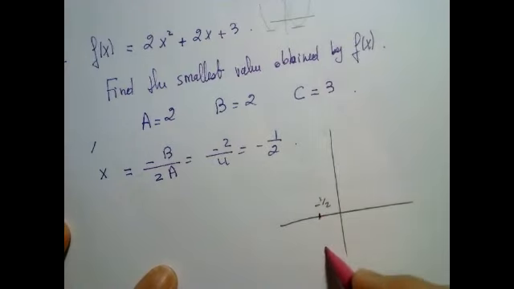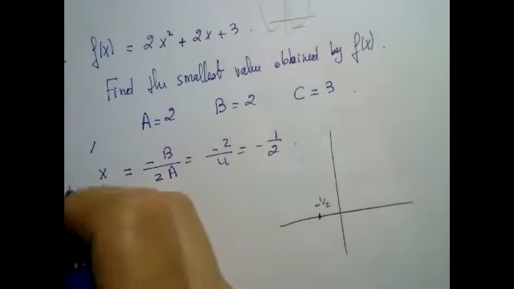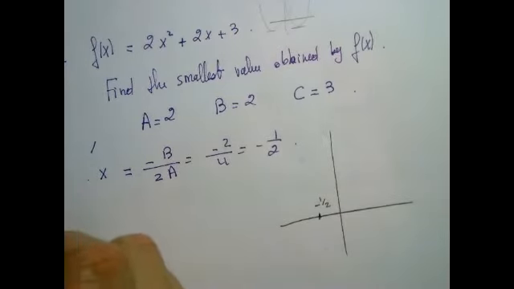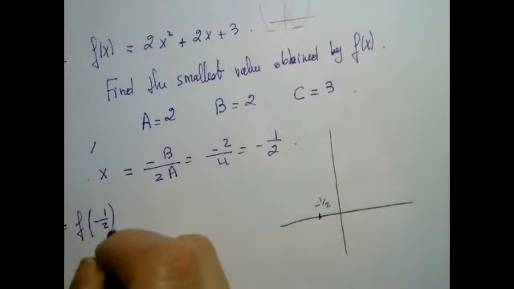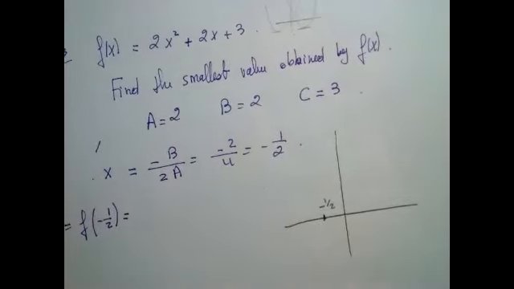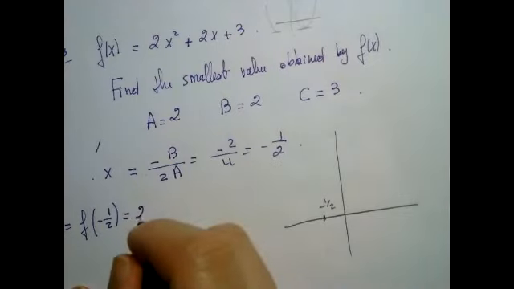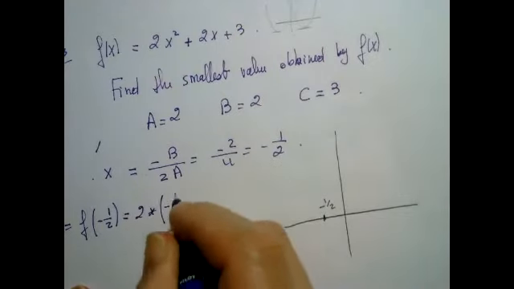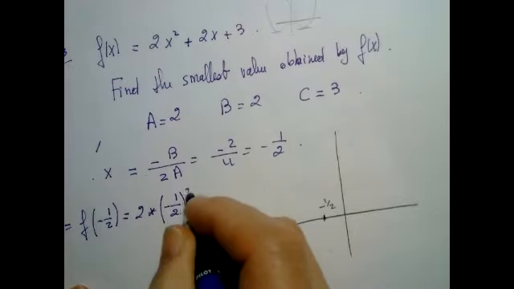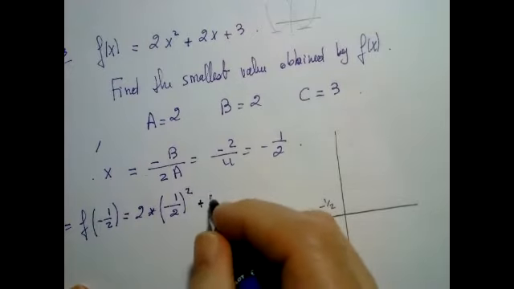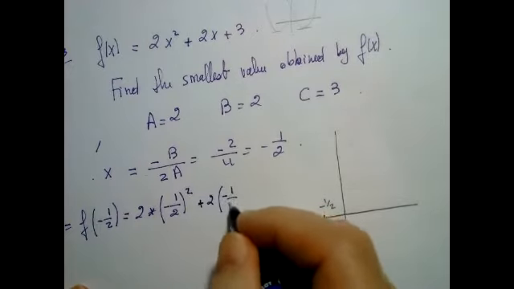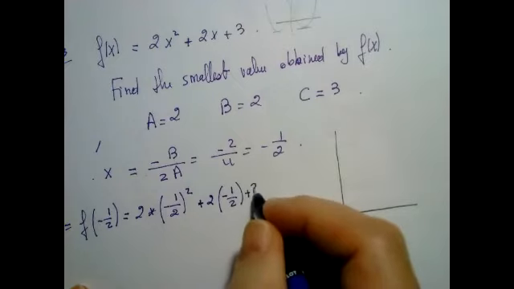I need to know the y coordinate. So I need the value of the function at minus a half. What did you guys get? It's 2 times minus a half squared plus 2 times minus a half plus 3.